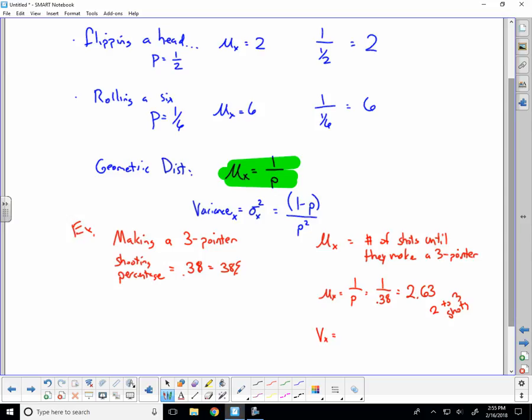And then our variance, we do 1 minus p, so 1 minus 0.38, over p squared. Okay, so let's compute that. Can you tell me what 0.38 squared is?